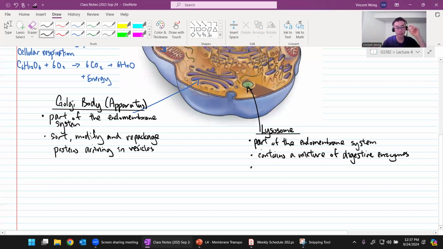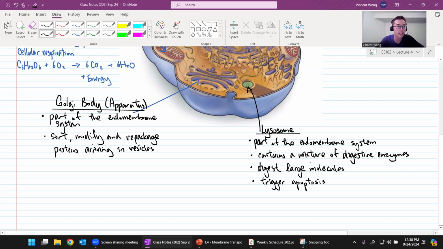So these enzymes can do various things, including digest large molecules, lipids, carbohydrates. It can even digest an entire bacteria in some cases. And the lysosome can also trigger apoptosis, which you might remember from the notes.